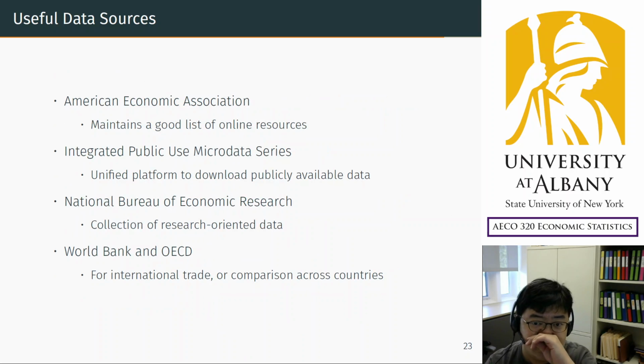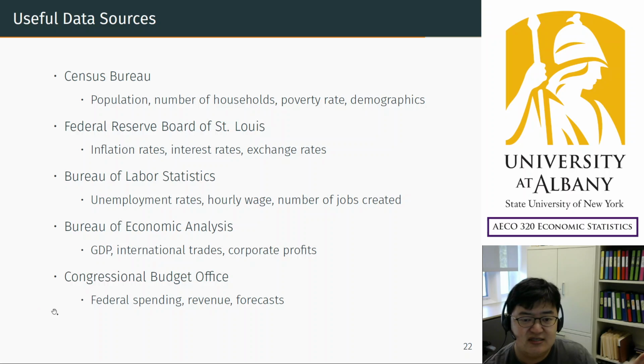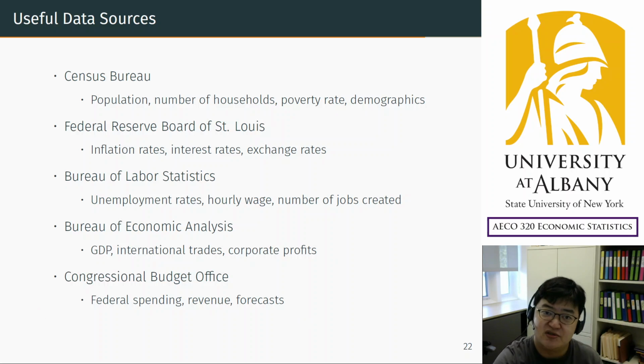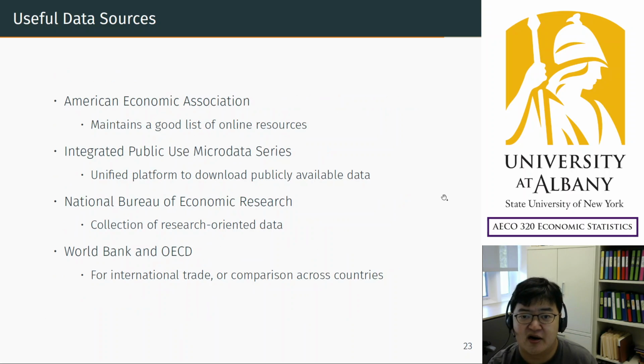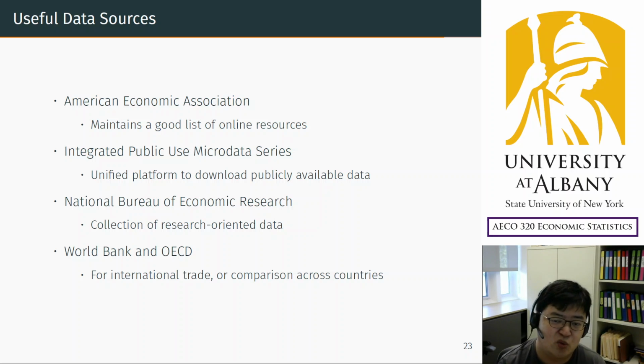And also, there are more useful secondary sources. These are original sources, but there are also secondary platforms that collect original sources and make links to them so that you can more easily find the necessary data and handle the data more easily.